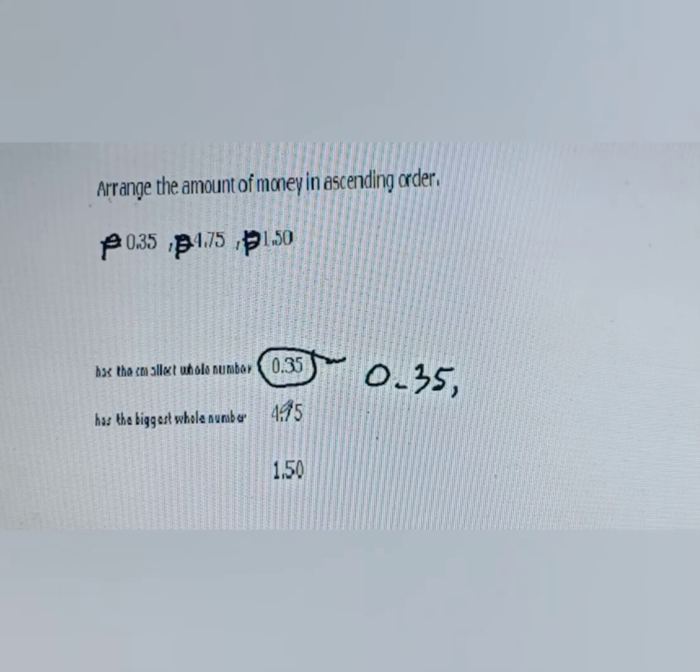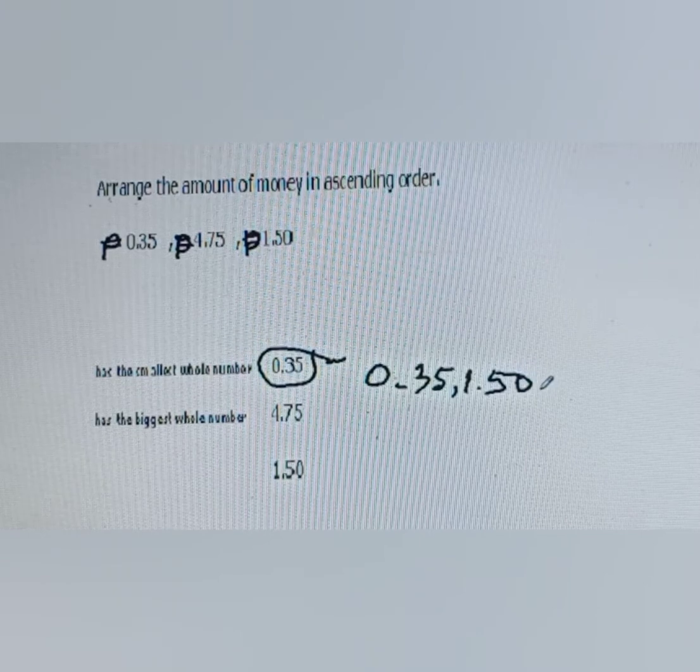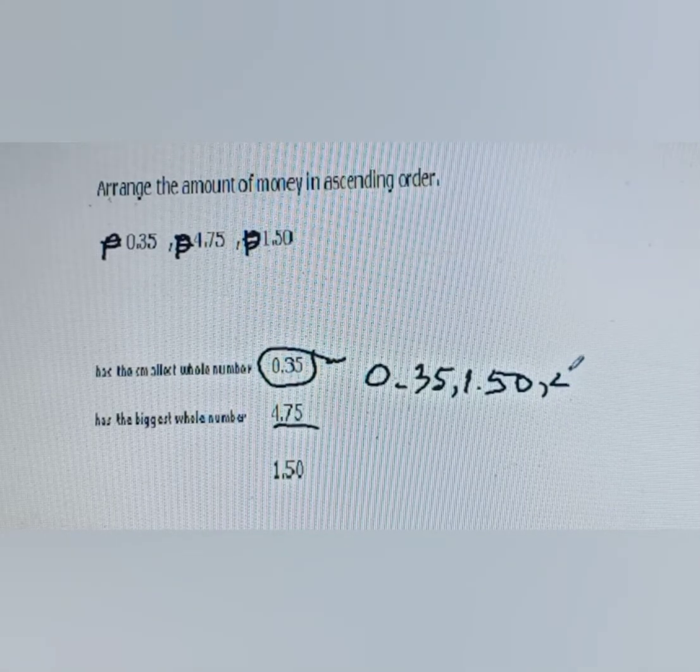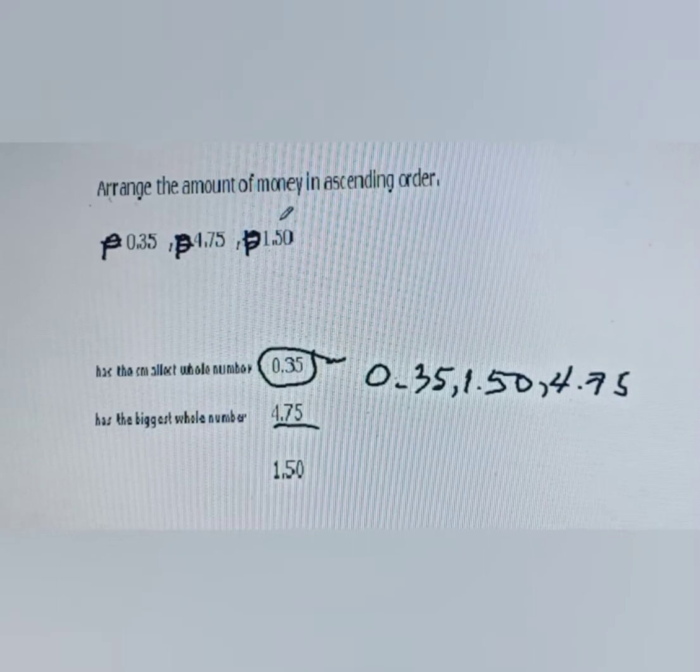Since 1 is smaller than 4, the next smaller number is 1.50. So let's write 1.50. And since 4 is the biggest among the whole numbers, this number is the biggest. So we have 4.75. So if we arrange the given amounts in ascending order, we have this one.